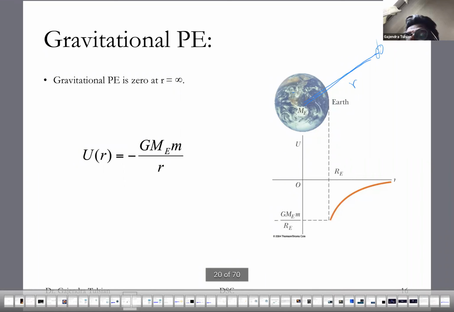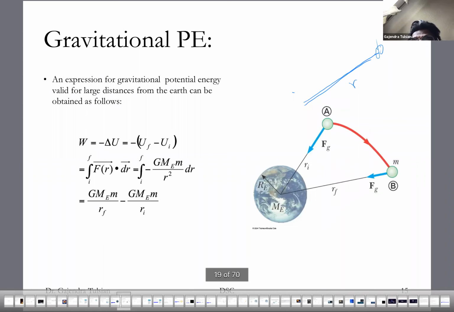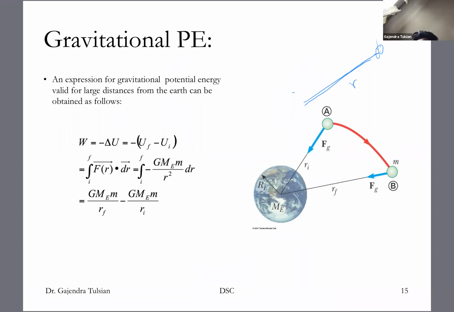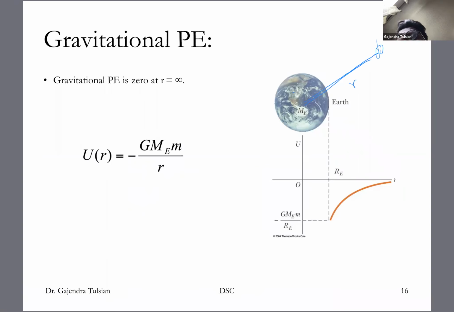So that's the more accurate expression for the gravitational potential energy. And with this expression, the gravitational potential energy goes to 0 at r equal to infinity.